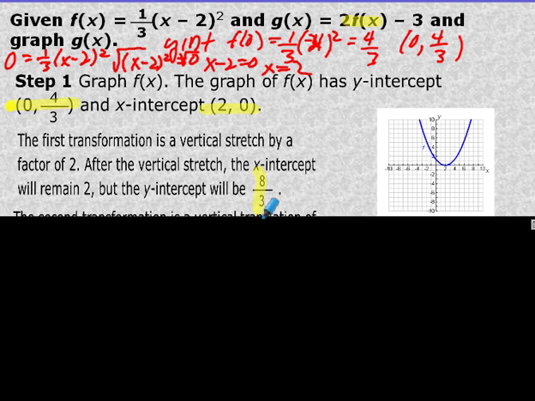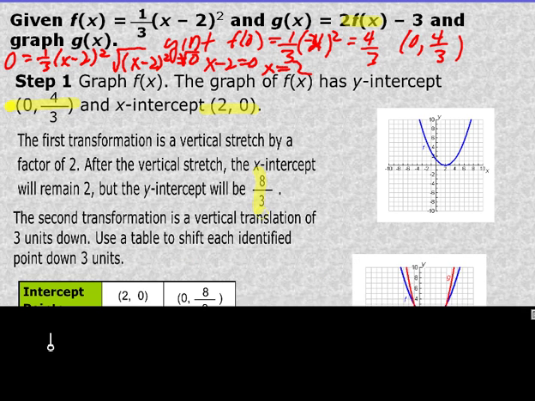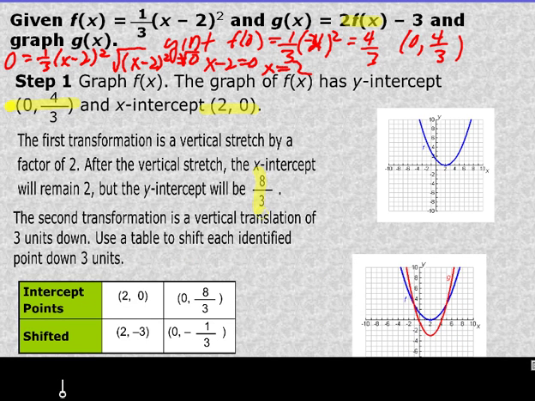And now we have a vertical translation down 3. Well, if we're going to move down 3, pretty much everything moves down 3. So both the x and the y-intercept are going to be changed by a negative 3.